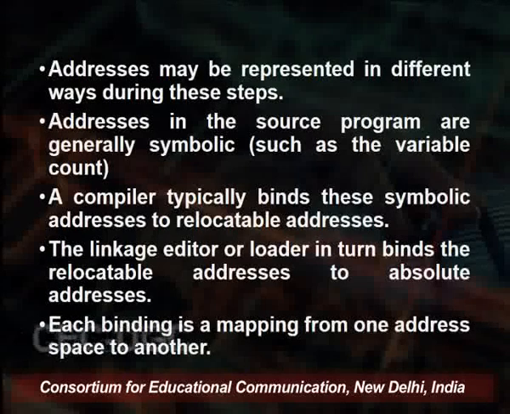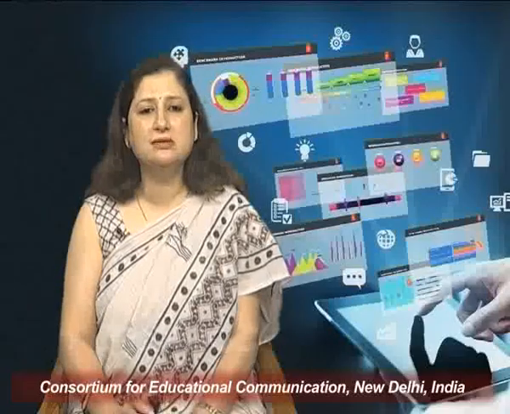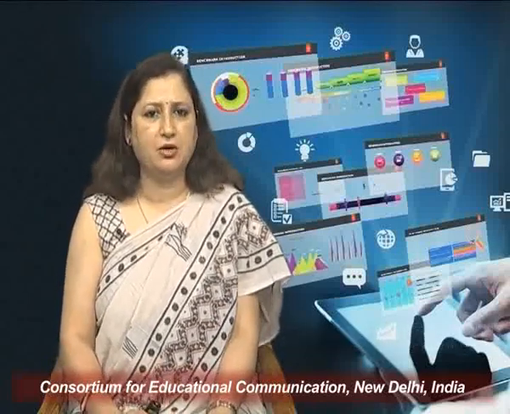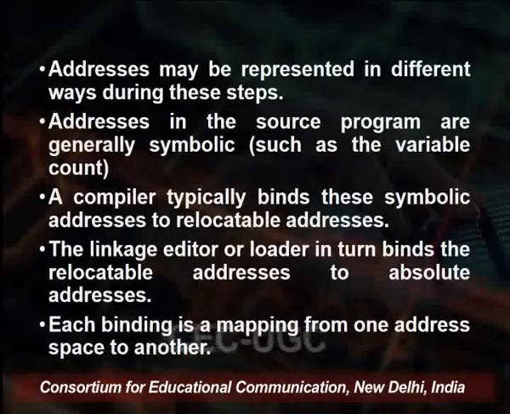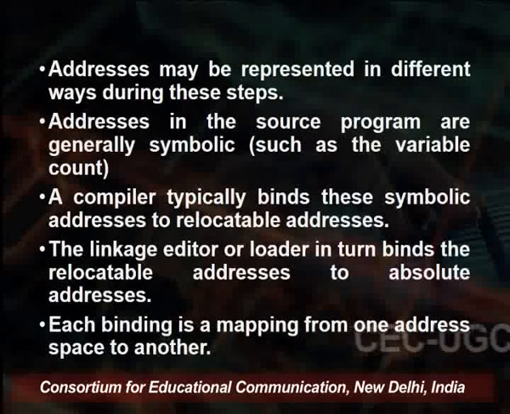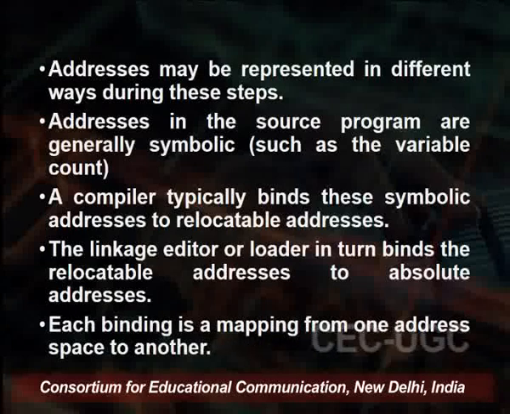Addresses in the source program are generally called symbolic addresses. Source program means the source code. They are known as symbolic addresses because they are like a variable counter. The compiler typically binds the symbolic addresses to relocatable addresses, and then the linkage editor or the loader binds the relocatable addresses to the absolute addresses.